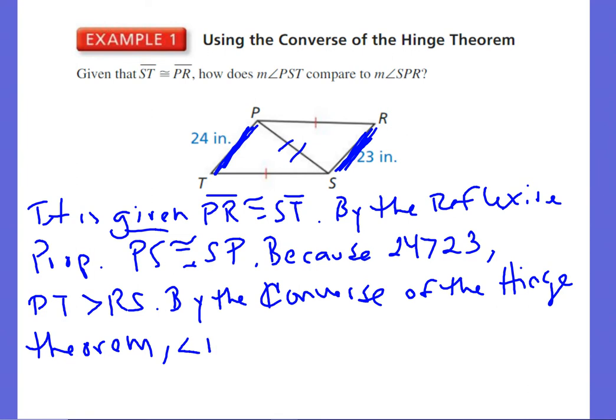I don't want to just say angle P. There's a couple of angle P's. I can say that the measure of angle PST is greater than the measure of angle SPR. Didn't want to just say the one vertex because that wasn't going to fit. So I can kind of almost say a little bit more of a proof using that Hinge theorem.